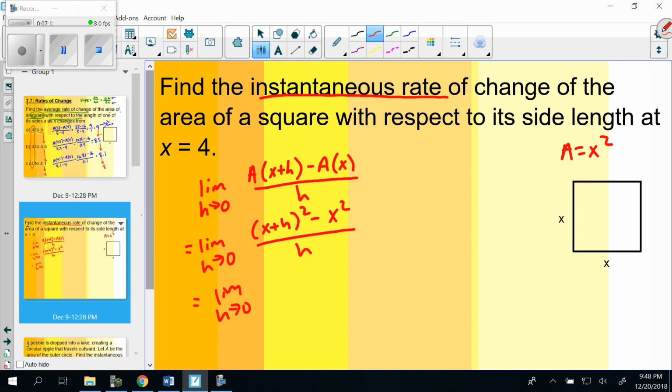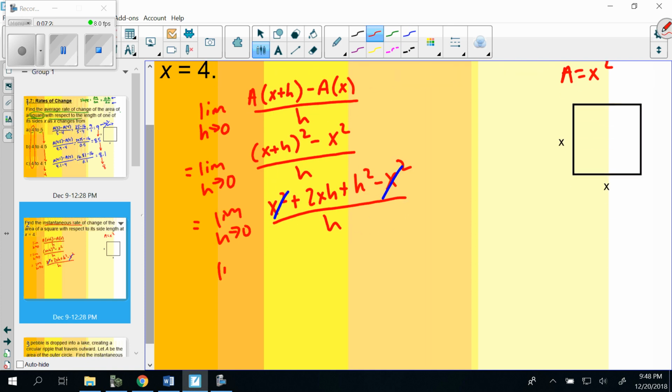If we multiply this out and FOIL that out, it'd be x squared plus 2xh plus h squared minus the x squared we already have. Looks like these cancel. We can factor an h out of what's left, and those h's are going to cancel on top and bottom. Now if we plug in 0 for h, our limit is 2x.